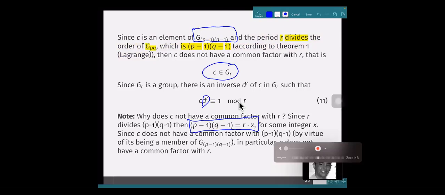Since P minus 1 times Q minus 1 is equal to R times X, therefore C does not have a common factor with R. And what does that mean? It means that C is a member of GR.